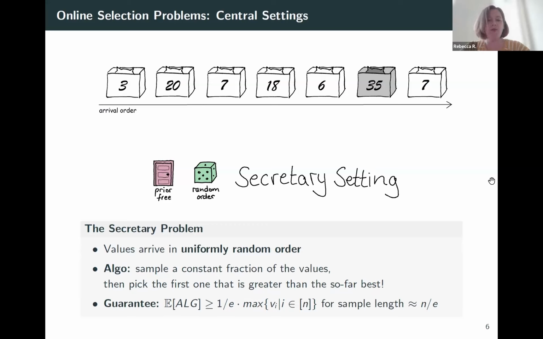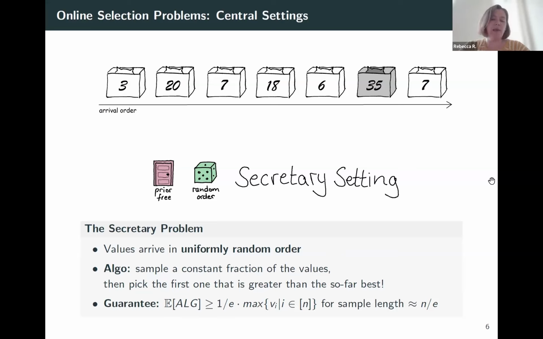And also this random order assumption helps similarly much, because now what you can do is you can pick to wait for a while, say a constant fraction of the n people that come, for example, half or a third. And then you say, I'm going to look at the values that these people have. Because these are random samples from the whole set of people, this gives me a good idea what is a good value.